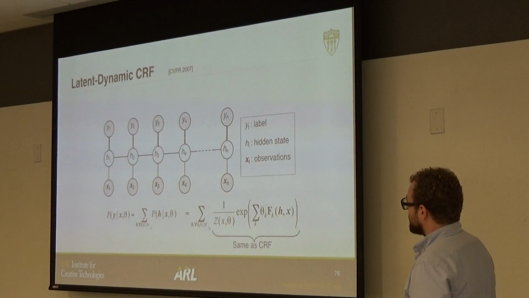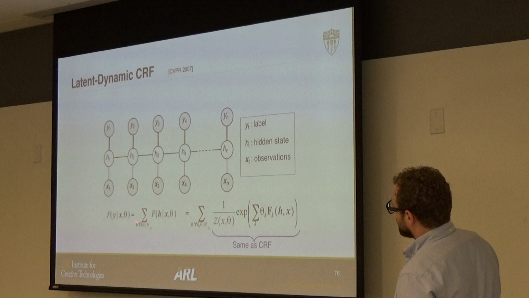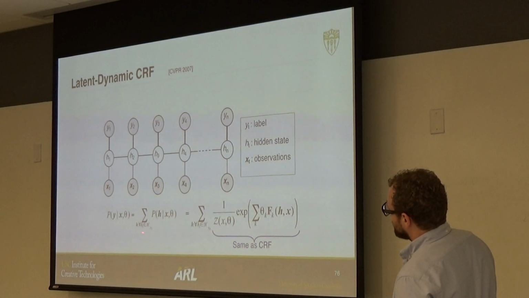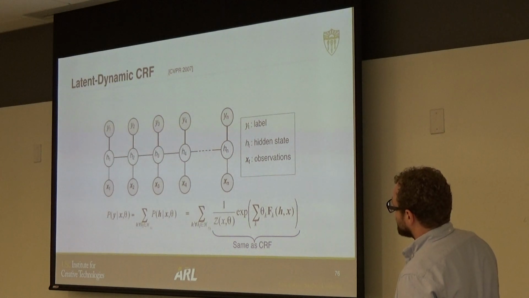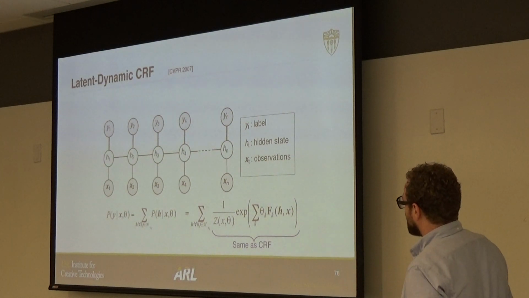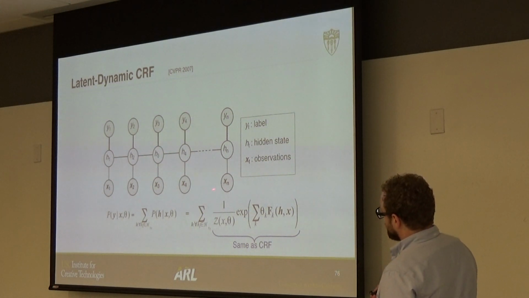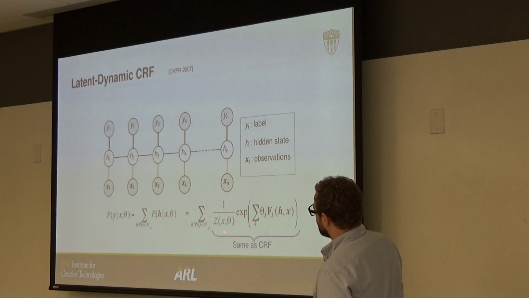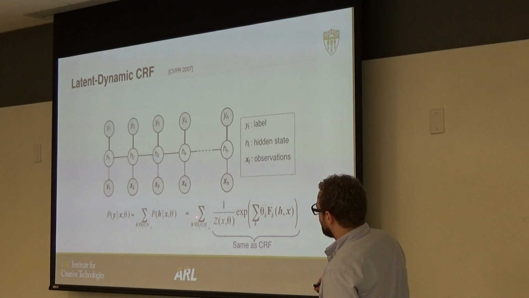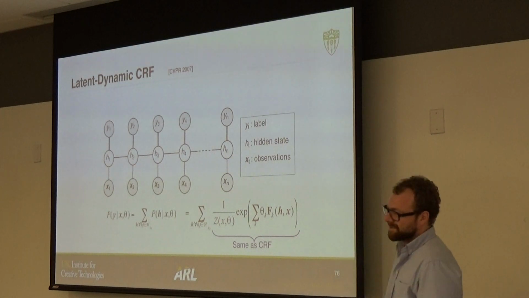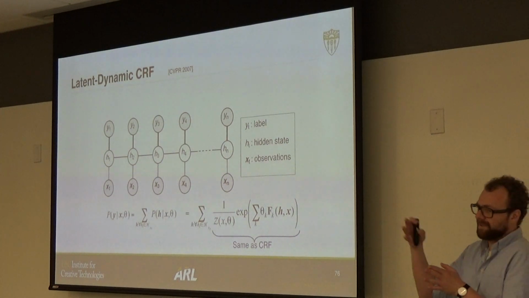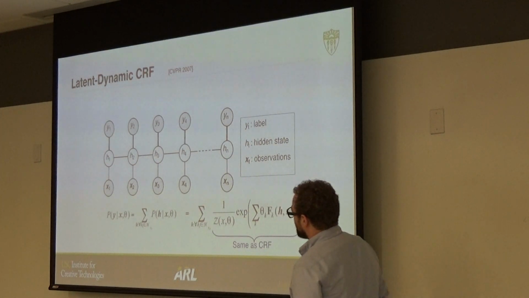What we need to compute now is this sum here, where we only model the sum over the hidden states for one class at a time, and this function here is again the same as for the CRF, but over all the hidden states. So this is just an additional complexity.